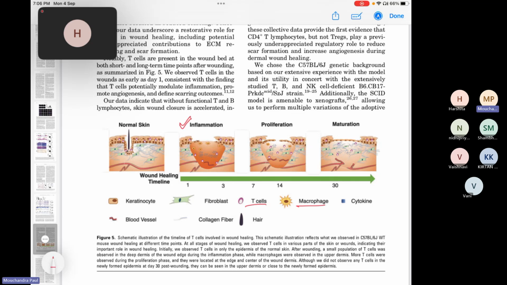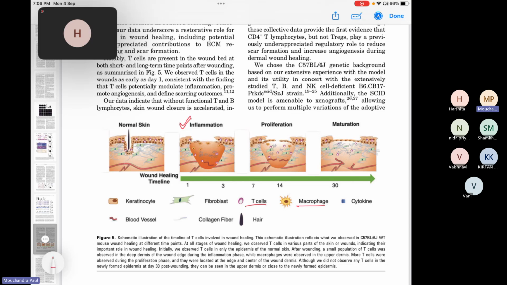This inflammation can last for a few days, like 1 to 3 days. It is shown in a timeline. It can be hours to minutes, but if it's a large wound, it can go for days. Once the inflammation stage is over, the swelling and redness start going down in the area.